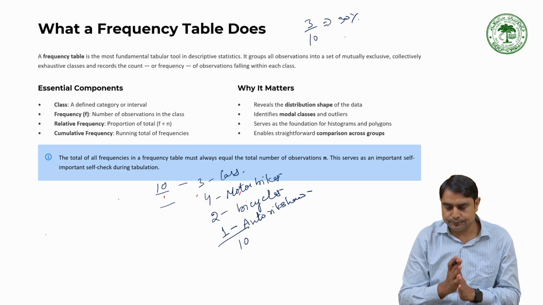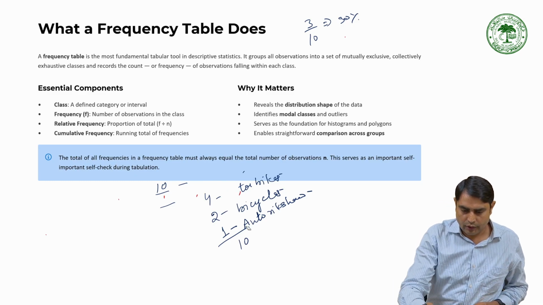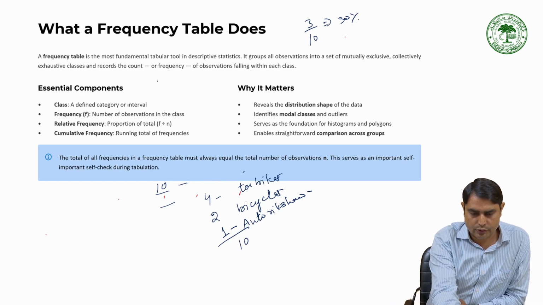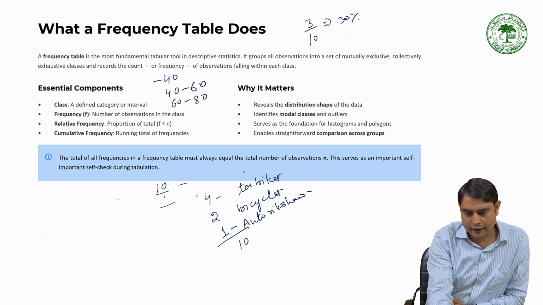For example, I've taken a frequency like the students who scored marks up to 40, then 40 to 60, 60 to 80, and 80 above.